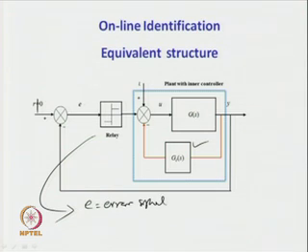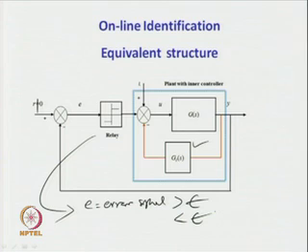So, whenever the error signal is greater than some threshold value epsilon, that time only the relay will come into the picture, will be in action and induce limit cycle output, and when the error signal is less than some threshold value, there is no need for retuning the PID controller parameters.